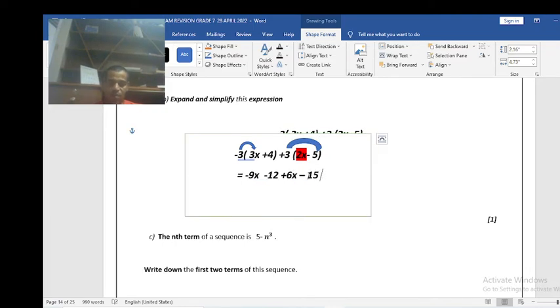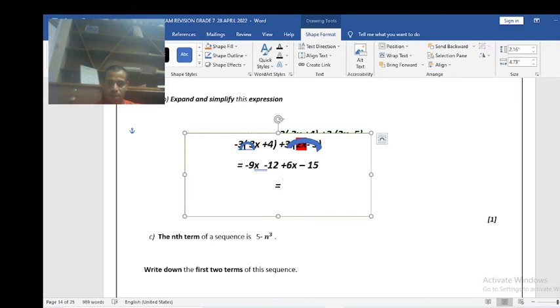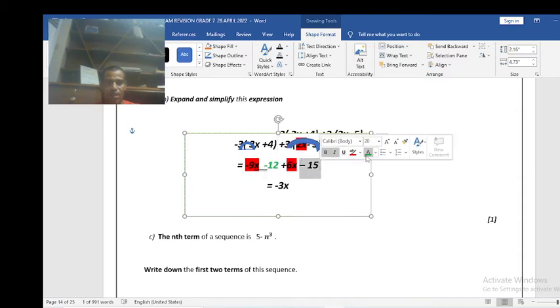Now this will be equal to negative 9x plus 6x, which is negative 3x. Then we have negative 12 minus 15, both numbers are negative, just add and put the negative sign, so it will be negative 27. So this is the last answer.